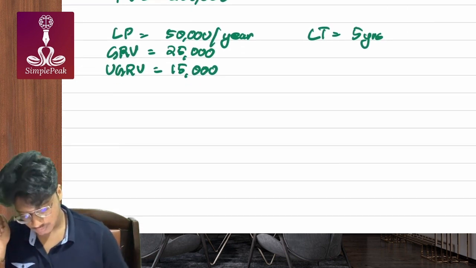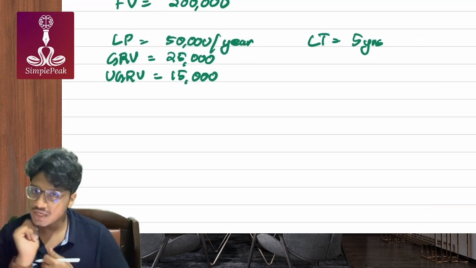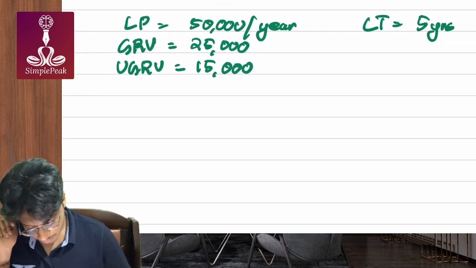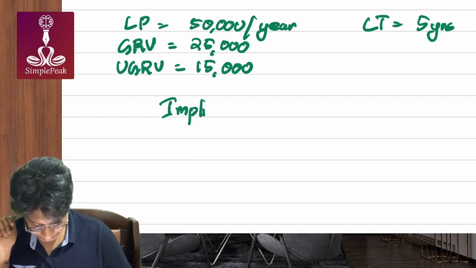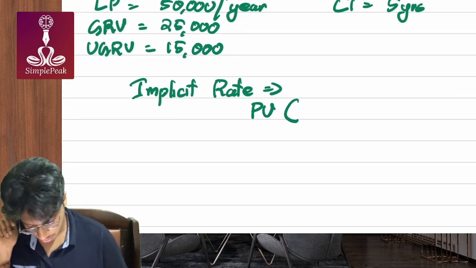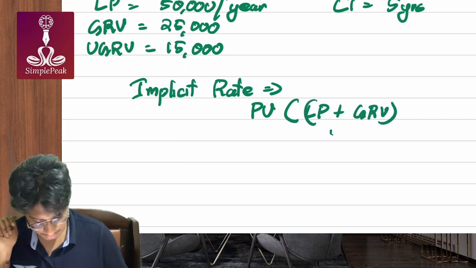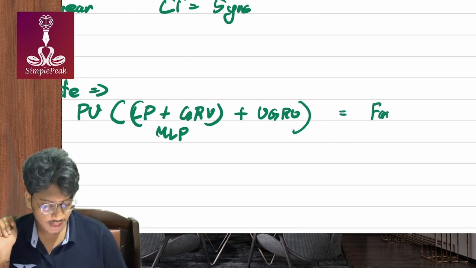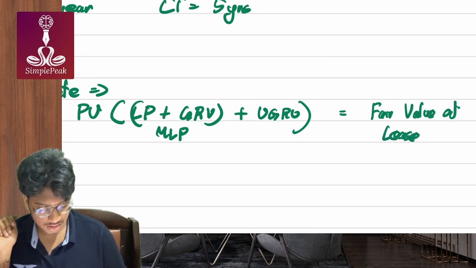Now let's discuss how to compute the implicit rate. You know the definition: implicit rate is the rate at which the present value of lease payment plus guaranteed residual value, which is the MLP, plus unguaranteed residual value is equal to the fair value of the leased asset.